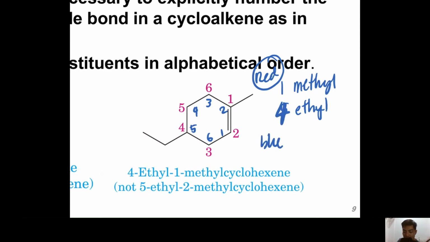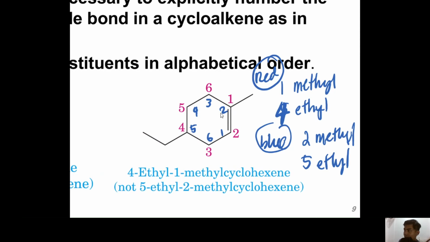Pag blue yung gagamitin, itong blue na numbering natin sa loob, ang methyl mo ay 2 at ang ethyl mo ay 5. So, ano yung mas better? Siyempre, ang better ay yung red, no? So, ito yung pipiliin natin na numbering. So, ang kanyang pangalan ay 4-ethyl-1-methylcyclohexene.